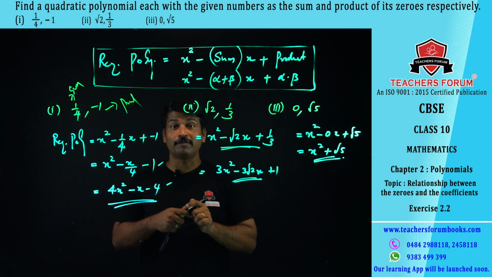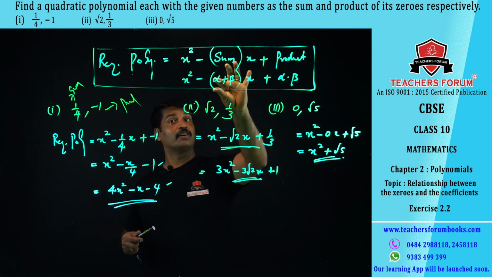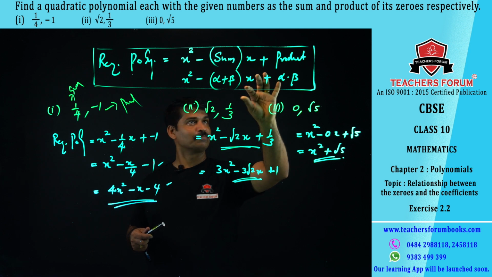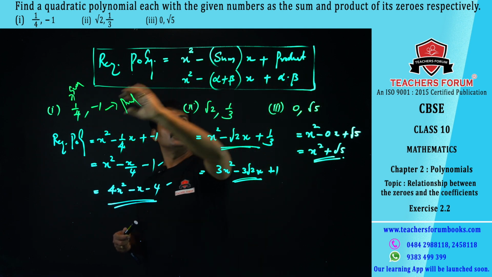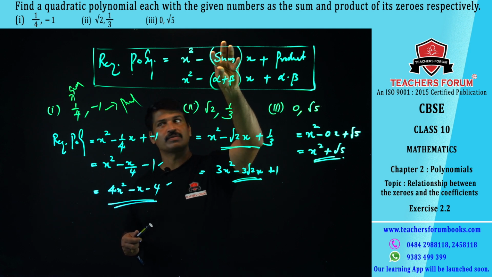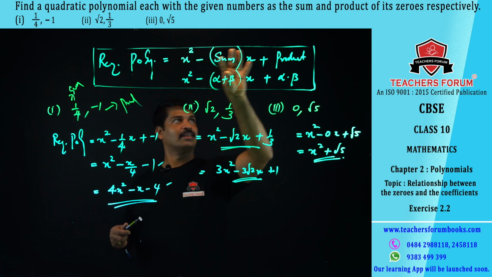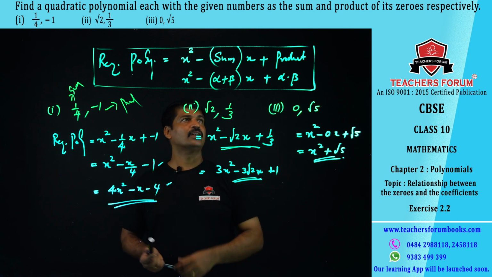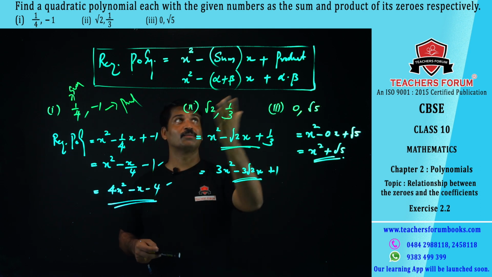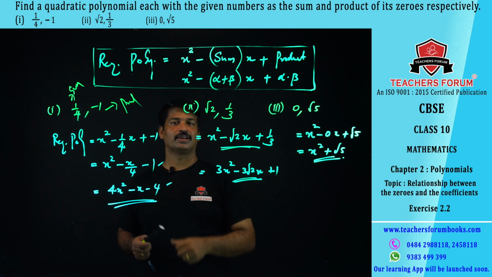If you are given alpha and beta, you have to find alpha plus beta. Okay, so here as sum is given, you can just substitute the first term, that is 1 by 4, and product minus 1. I think it is clear. Okay, now the remaining problems, I think 3 more problems are there that you can try yourself.